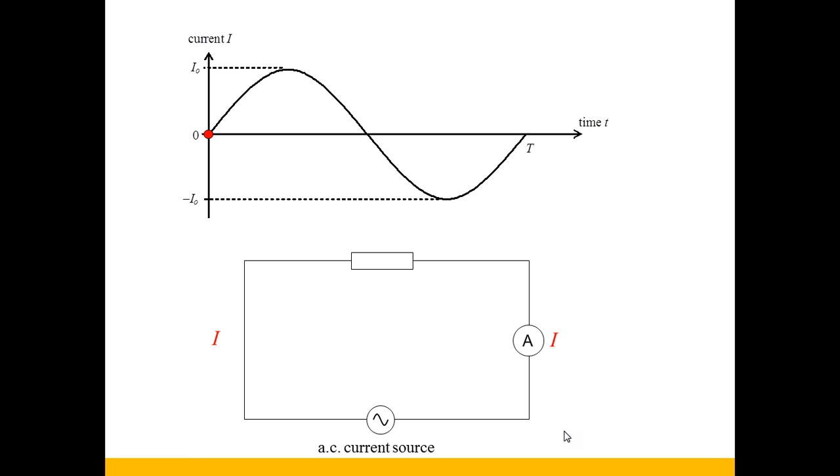Here is an illustration of what alternating current will look like. When the current is initially 0 here, there is no current in the circuit. The ammeter here will read 0. When the AC source starts to provide a current, this current starts to rise, and you'll see this current within the circuit. If the current continues rising, you see the arrows becoming thicker.